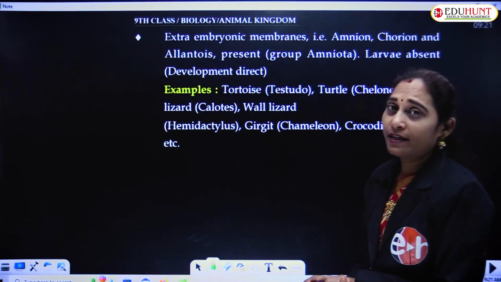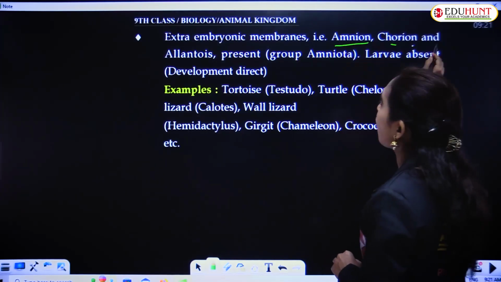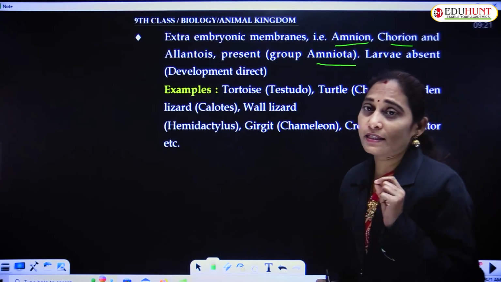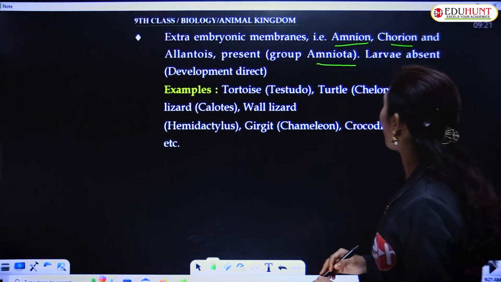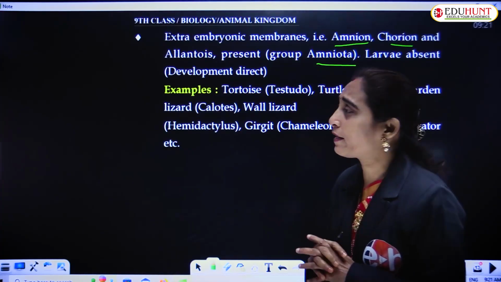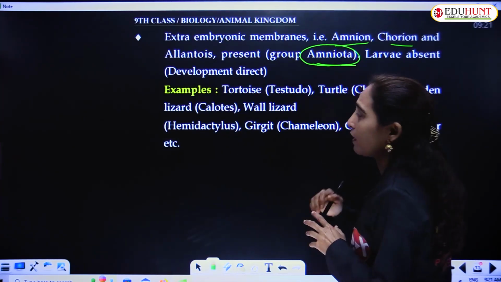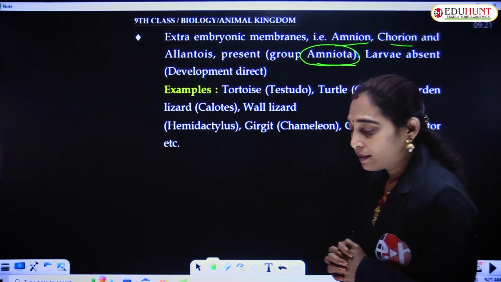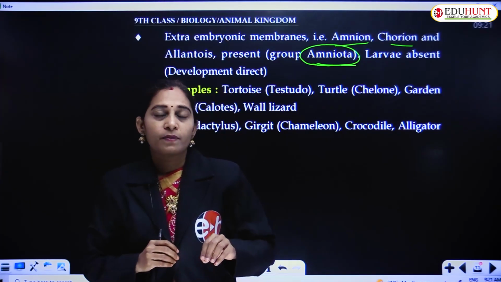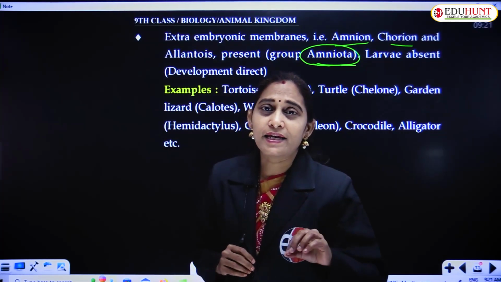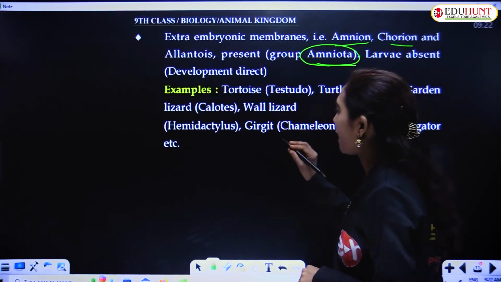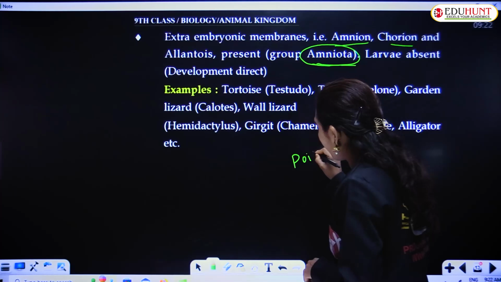Extra embryonic layers, as I mentioned, are amnion, chorion, allantois and yolk sac. This amnion is present in the embryo, that is why they were kept in a group called amniotes. Amniota is a group where the amnion layer, an extra embryonic layer, is present in the embryo.